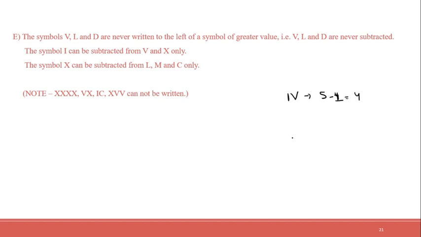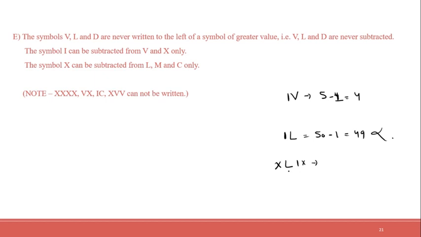But if we write it like this, L and I, that means 50 minus 1, 49. So this is not the right way. We'll write it like this. It is L, then a subtraction of 10, then again. So this is how we'll write 49.